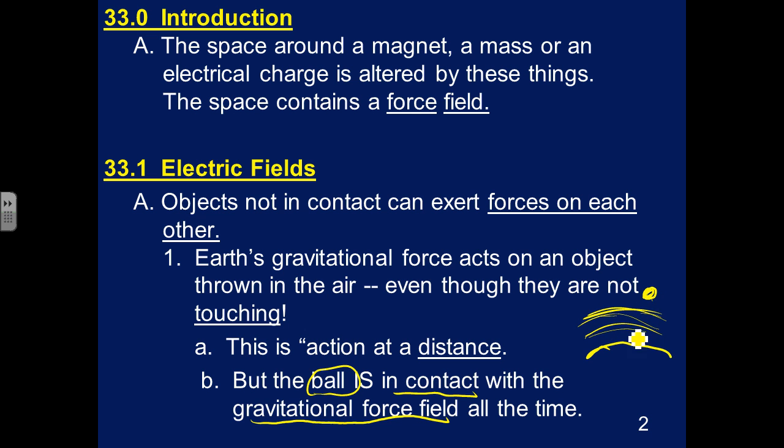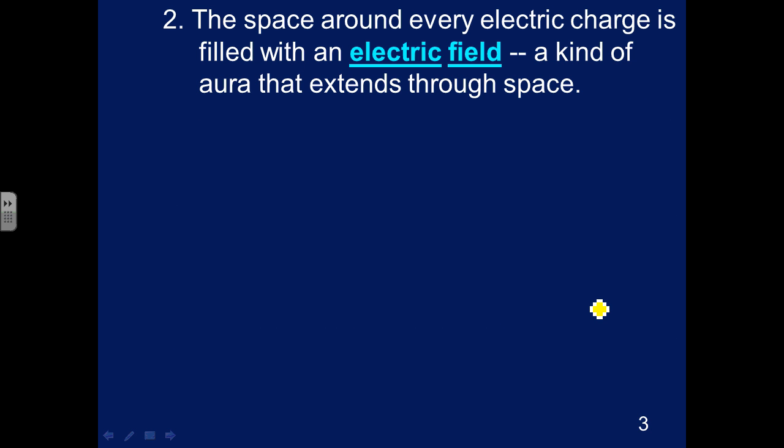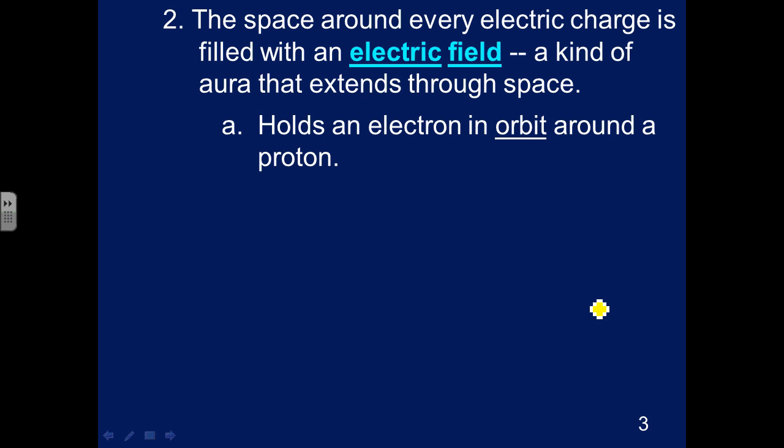This invisible something around the Earth is called the gravitational force field. Around electric charges, that space is called an electric force field. It's that electric force field that holds an electron in orbit around a proton.